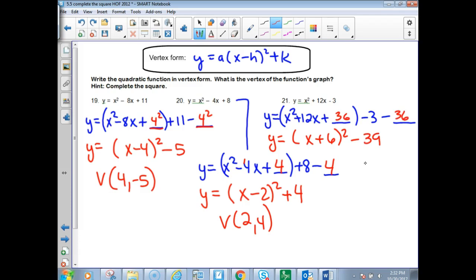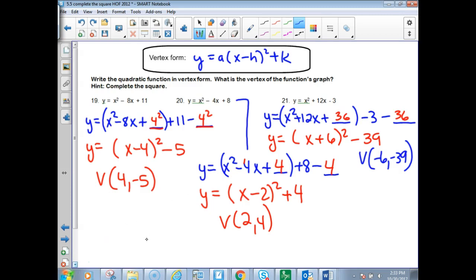The vertex, we are not graphing that one. Now you see why. How did we do? Negative 6, negative 39 for your vertex. Okay, completing the square is done now.